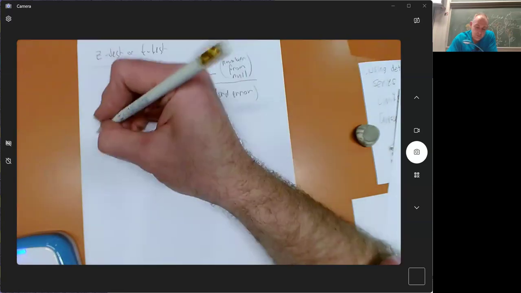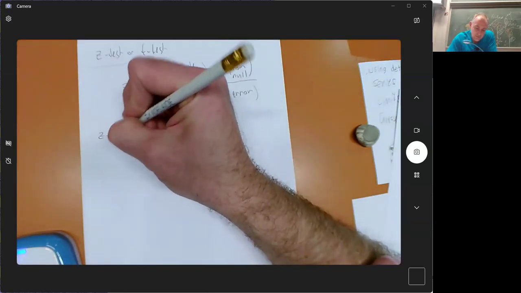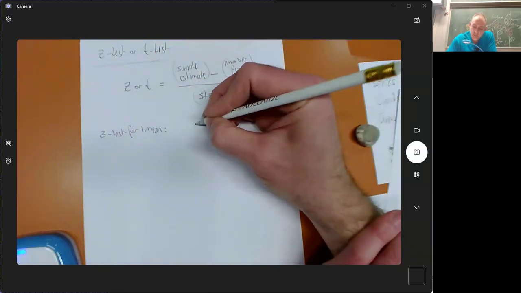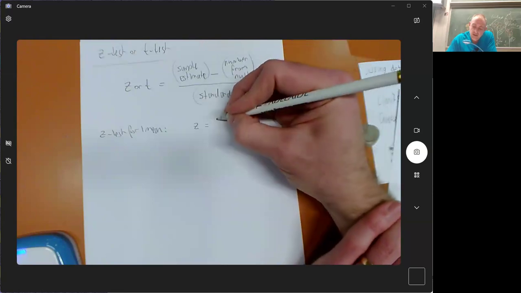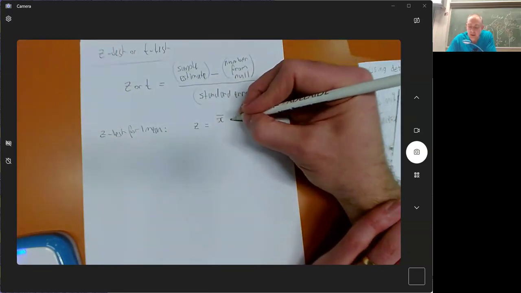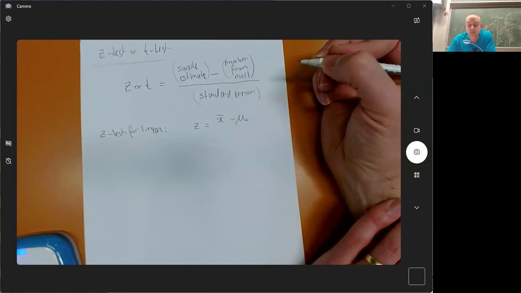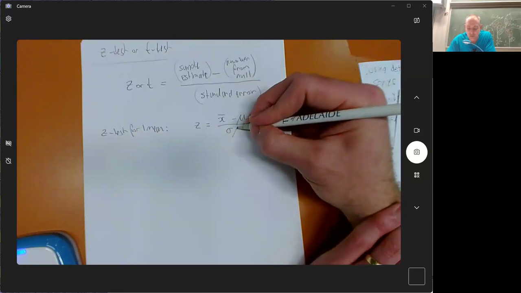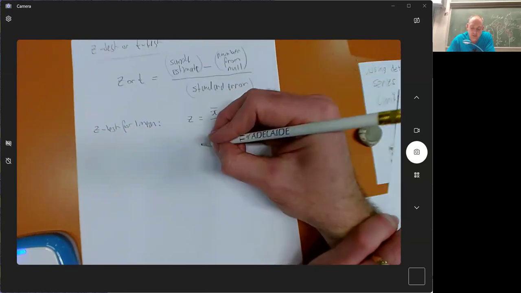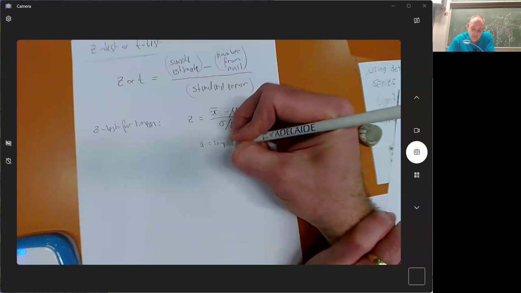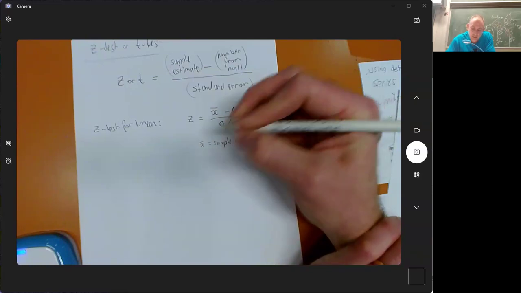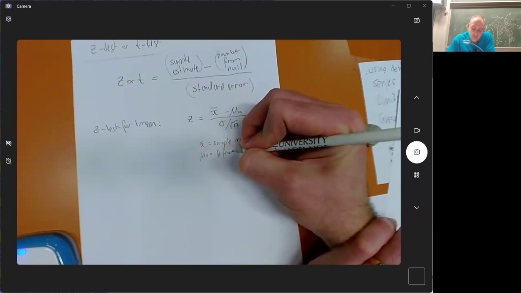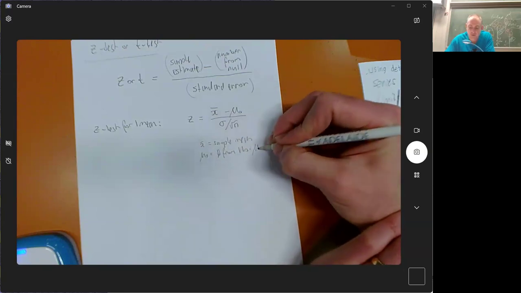So for example, the z-test for one mean: Z will be the sample mean minus the mean from the null hypothesis, divided by the population standard deviation over root n, where x-bar is the sample mean, and mu naught is the number from the null hypothesis, which was that mu is equal to mu naught.